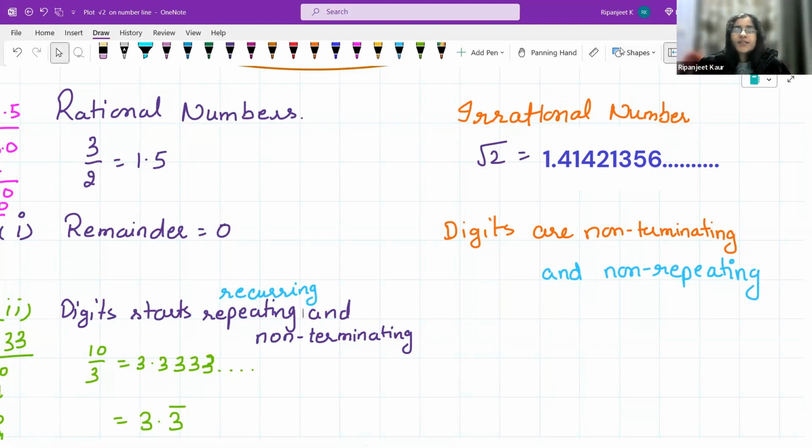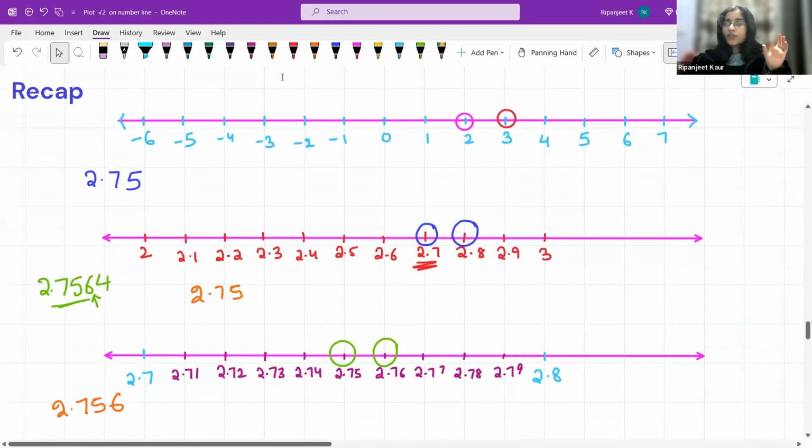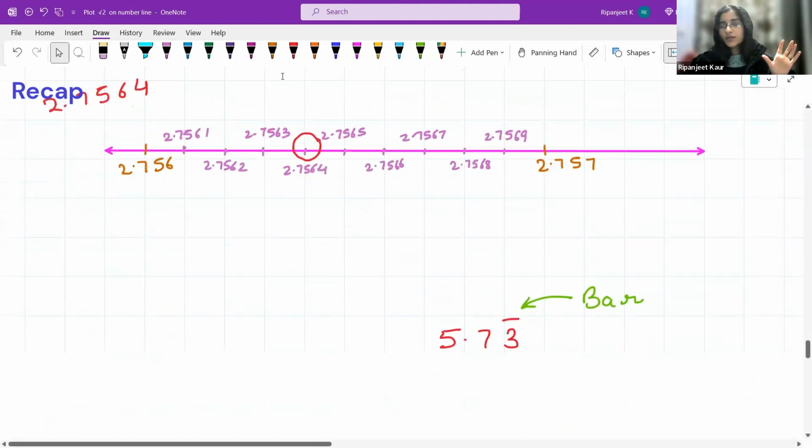Do you think there is a way that we can change a decimal representation into a rational number? Do you think that is possible? How can we represent this on the number line? The expansion of this, such a big thing, right?